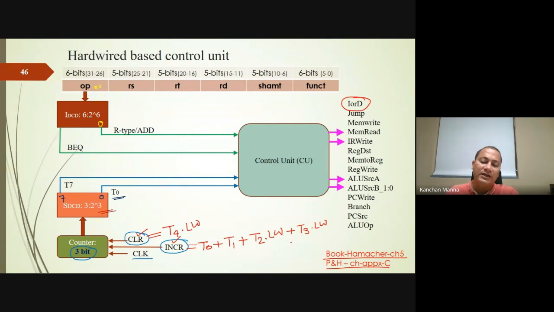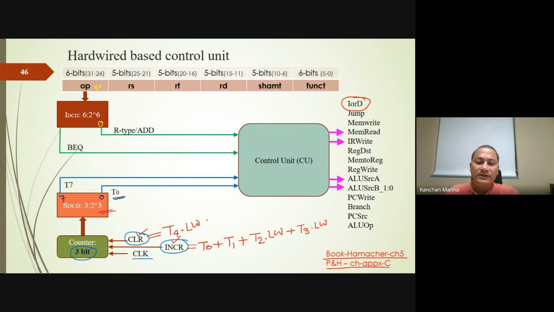Because LW has reached its last state, and if it reaches its last state it has completed its execution. Now we have to fetch the next instruction, and to fetch the next instruction we have to provide the T0 state, and if we provide this, then we will get the 0 value here. That would tell about T0.